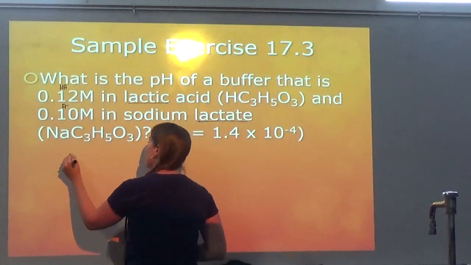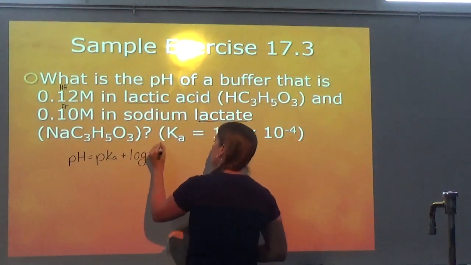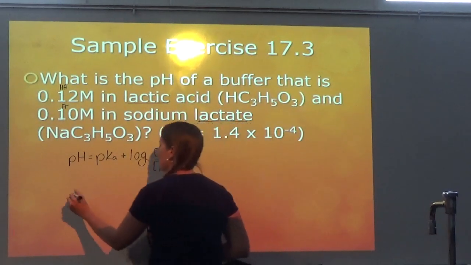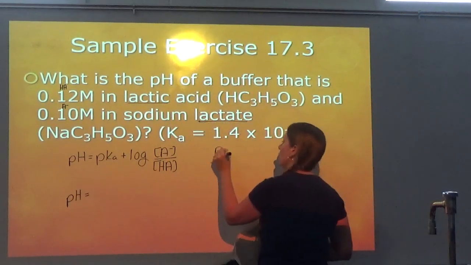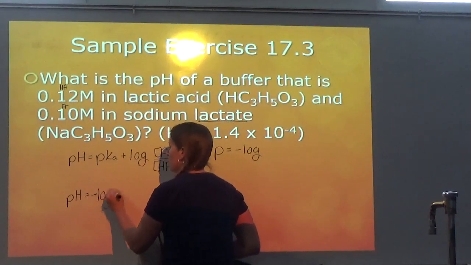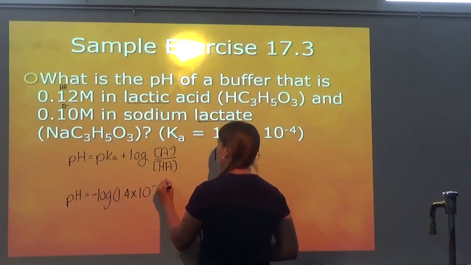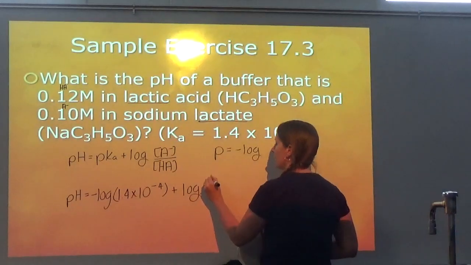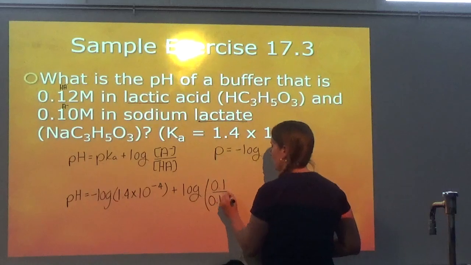So I know that pH equals pKa plus log of my A minus over my HA. So I just plug in. pH equals pKa. Remember, P always means negative log. So negative log of Ka, which is 1.4 times 10 to the negative 4, plus log of my A minus, which is 0.1, over my HA, which is 0.12.